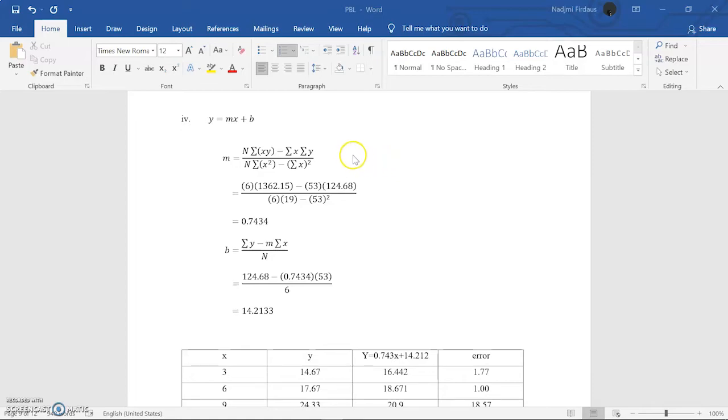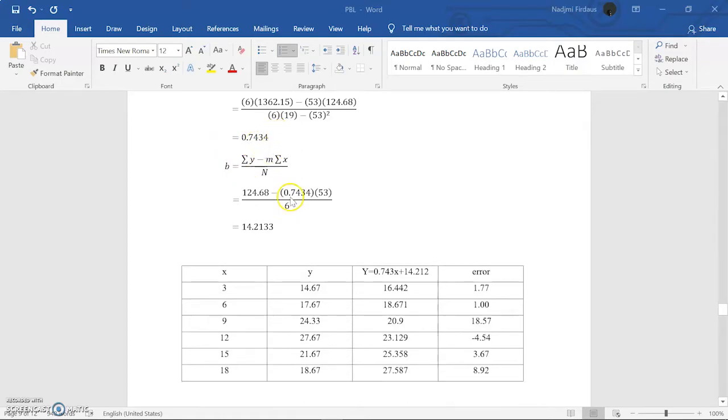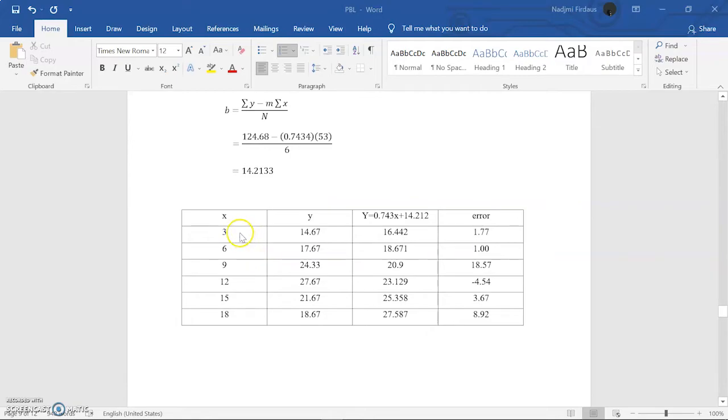In this question, we use the formula y equals mx plus b. First, we found the m, which is 0.7434, and then we find b, which is 14.2133. After that, we build a table that consists of 4 columns.